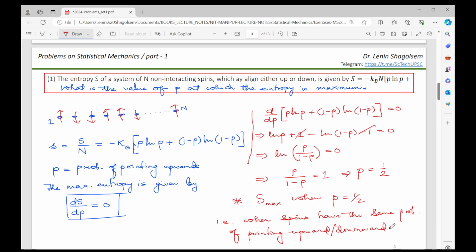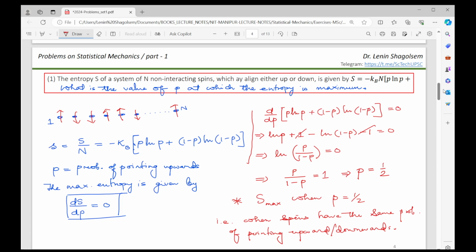This is the first problem. We now see that for this non-interacting Ising spin model, the entropy of the system is maximum when each spin has the same probability of pointing upwards or downwards. This is for the case of non-interacting spins. When we introduce the interaction, the expression will change, and that we will see in some other lecture.